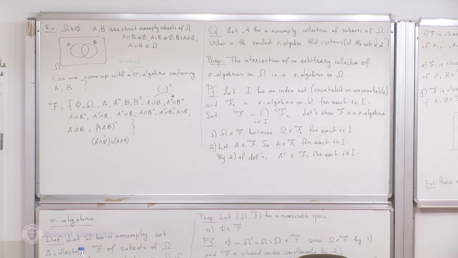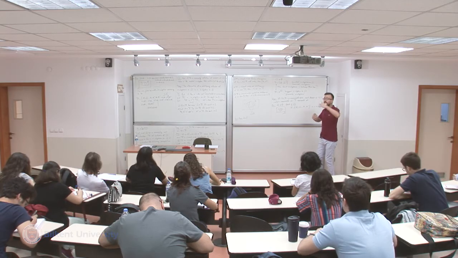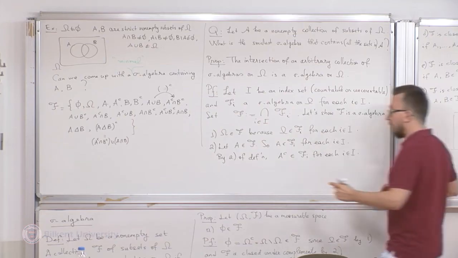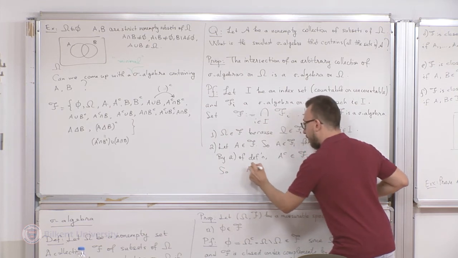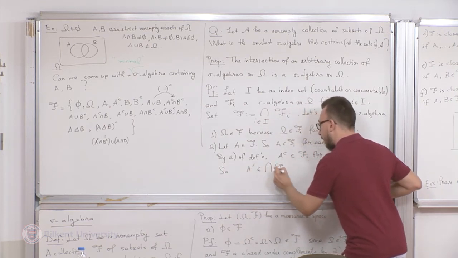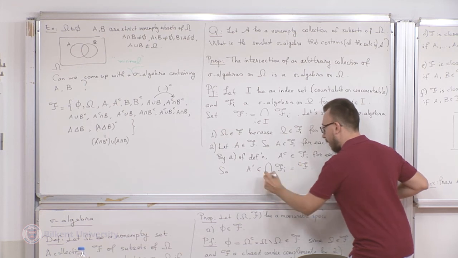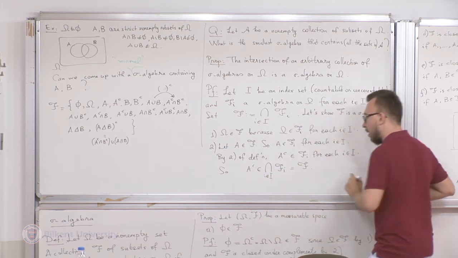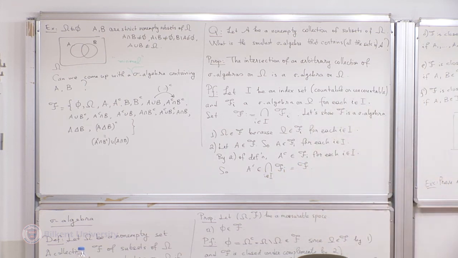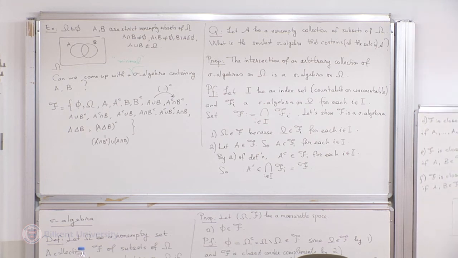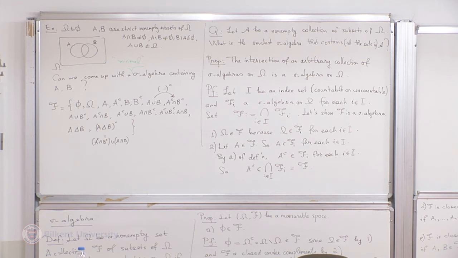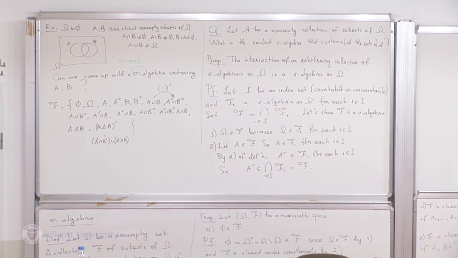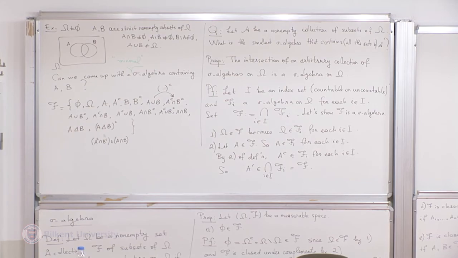Well, if A complement is in Fi for every i, this means A complement is in the intersection of all Fi's, which is just F. The index set does not really matter. I'm not using any properties of the index set. It's just there to define a collection of sigma algebras.